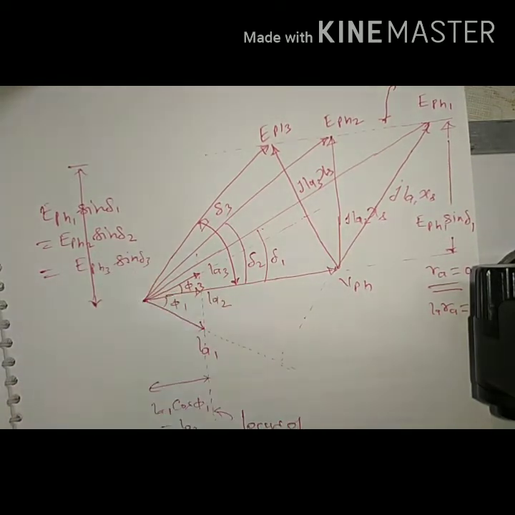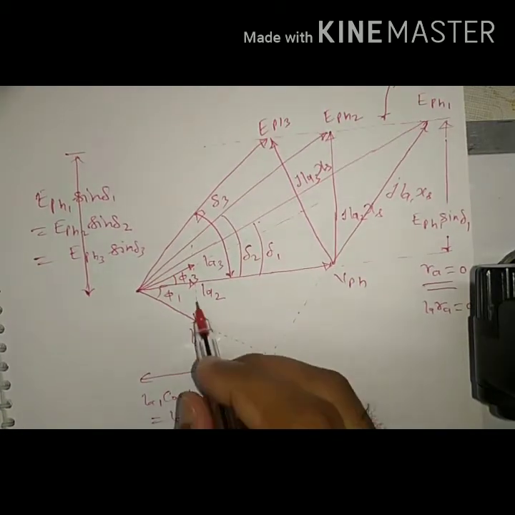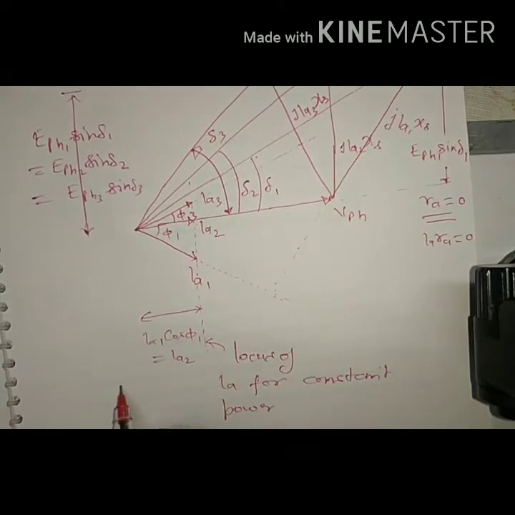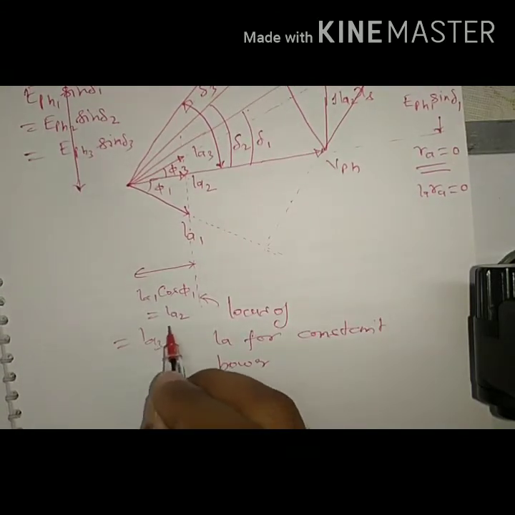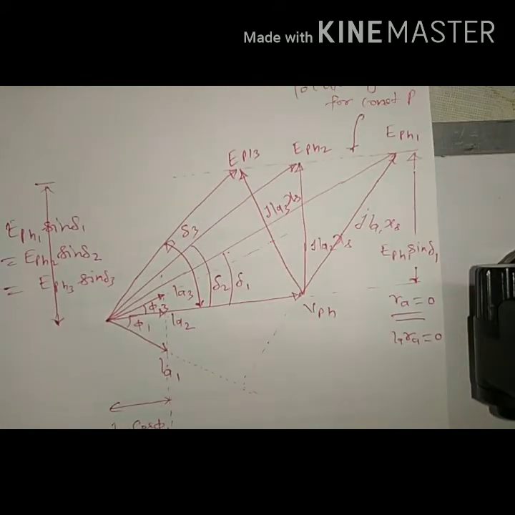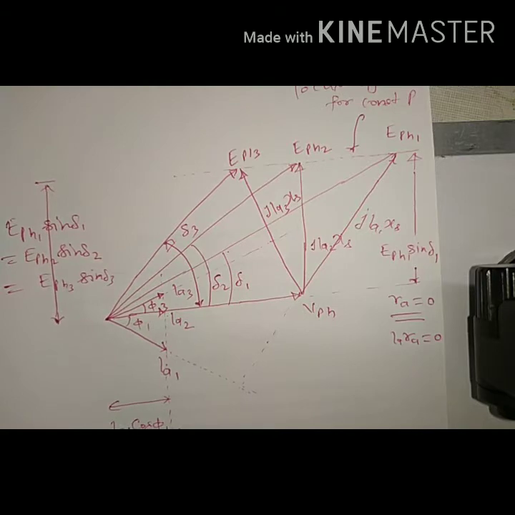Here also I_A1 cos phi 1 equal to I_A2 equal to I_A3 cos phi 3. So this is the effect of change in excitation in alternator when load is constant, right?